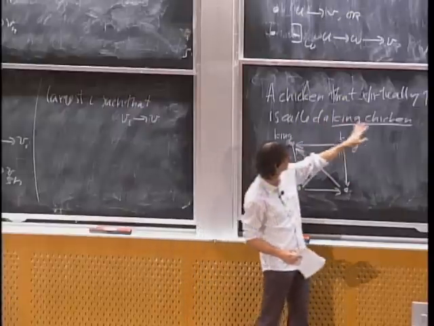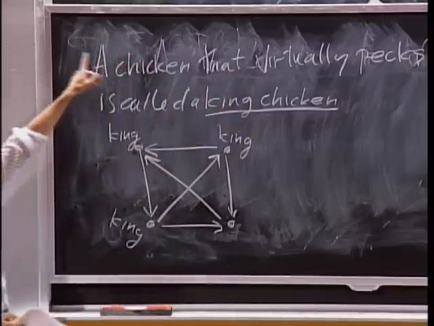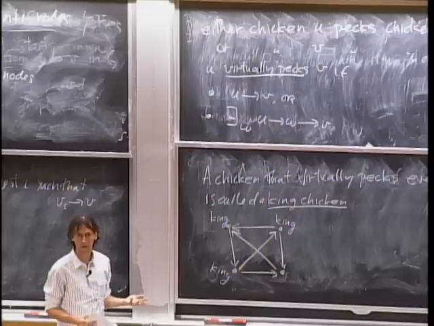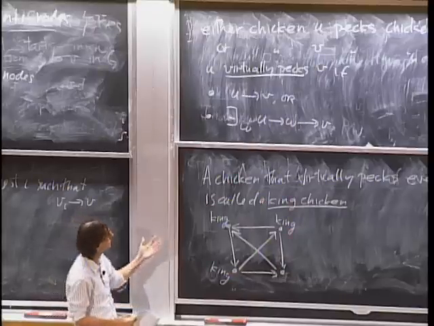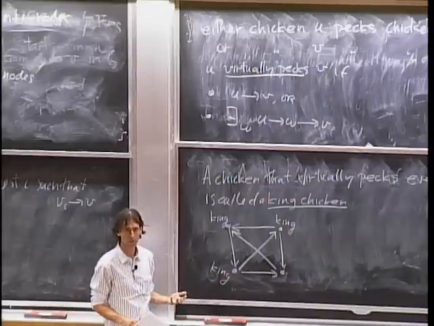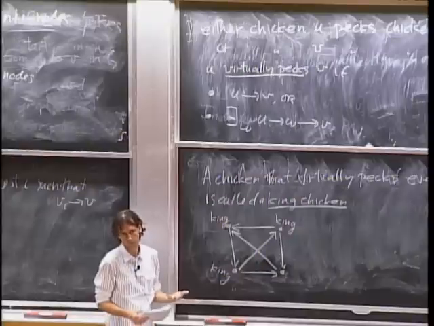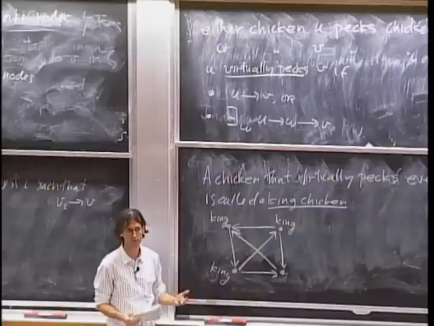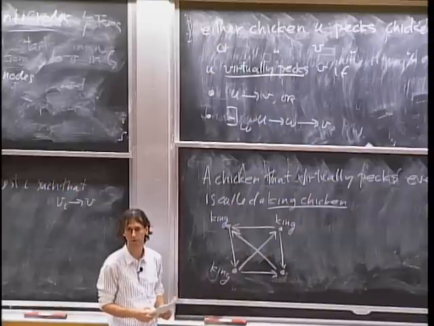We have this definition. What kind of node in a tournament graph can we know for sure is a king? Do you have an intuition for a theorem that we may want to prove?